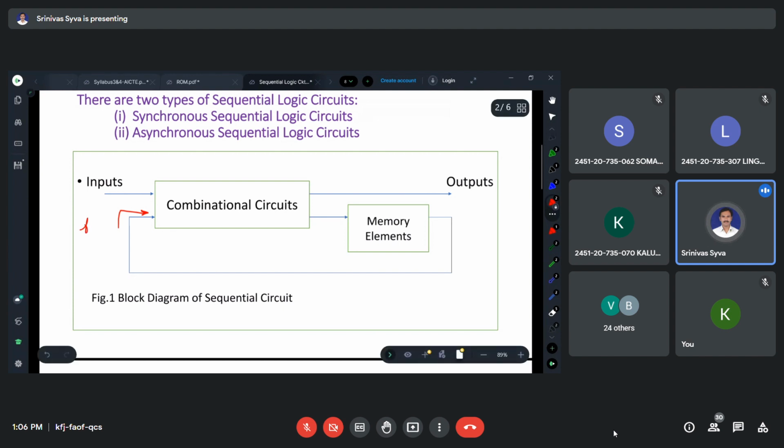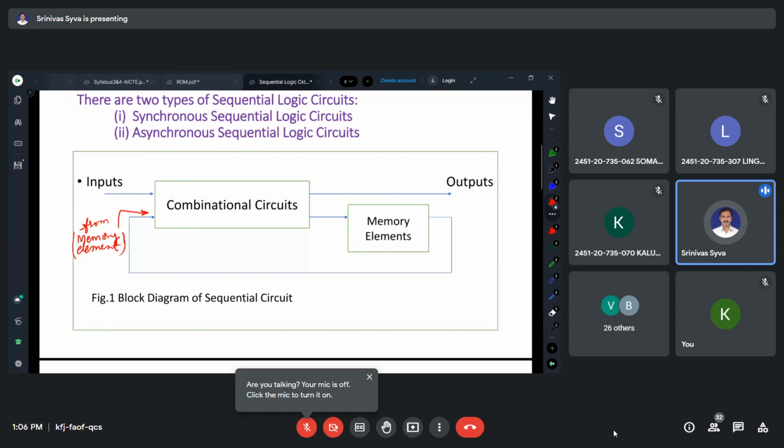So the output depends on the inputs as well as on the memory element. This is a normal digital system which consists of both combinational and sequential logic circuits, or you can say this itself is a sequential logic circuit.